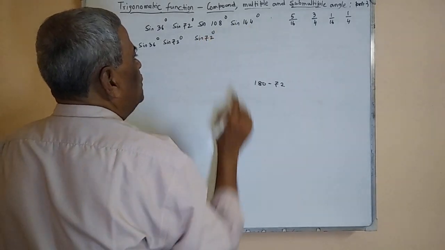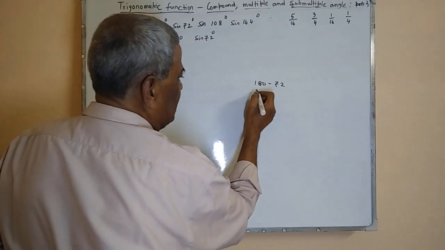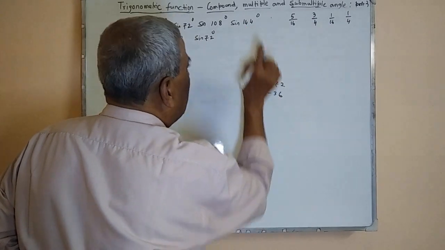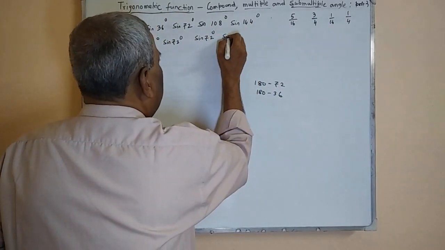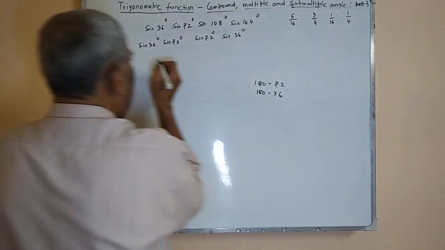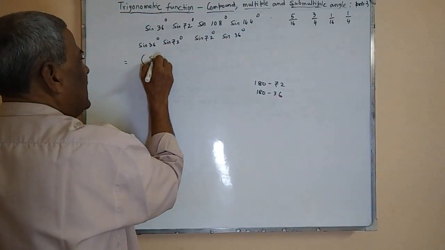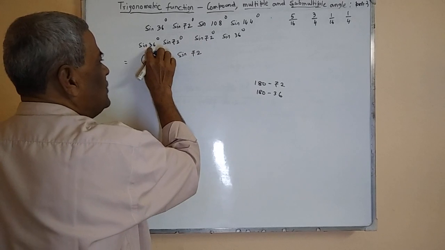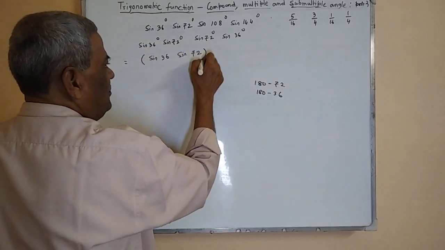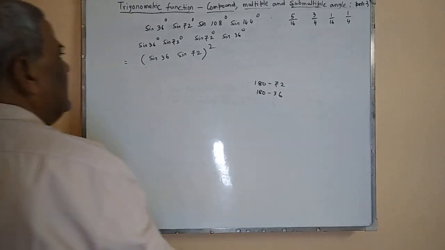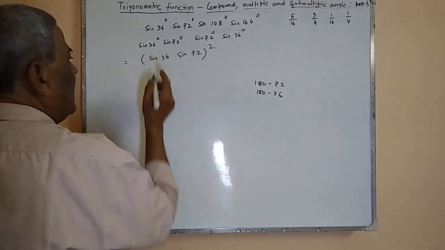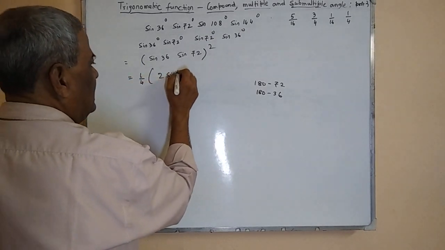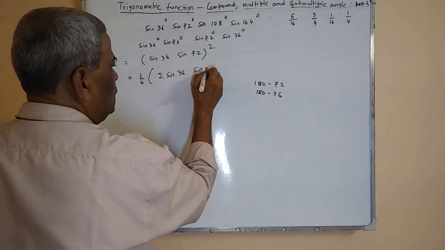And sine 144 is 180 minus 36, so that is sine 36. So it is equal to sine 36 into sine 72 whole square, that is also square. So it is equal to 1 by 4 into 2 sine 36 sine 72 whole square.